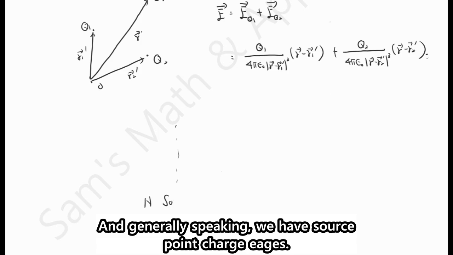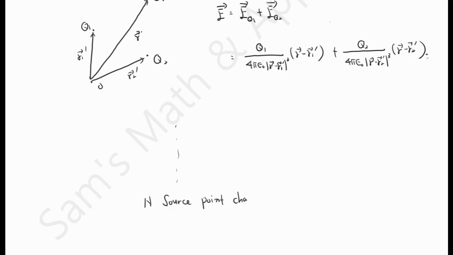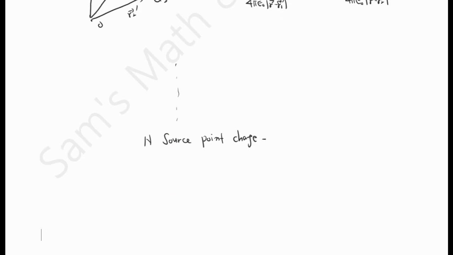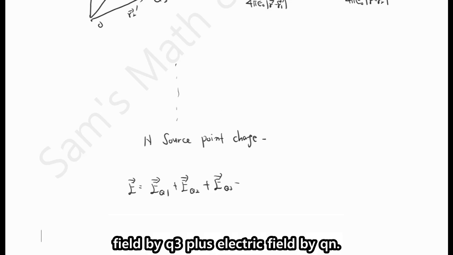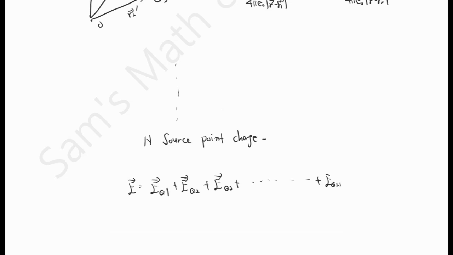And generally speaking, we have n source point charges. The total electric field is the electric field by Q1 plus the electric field by Q2, plus the electric field by Q3, plus the electric field by Qn.